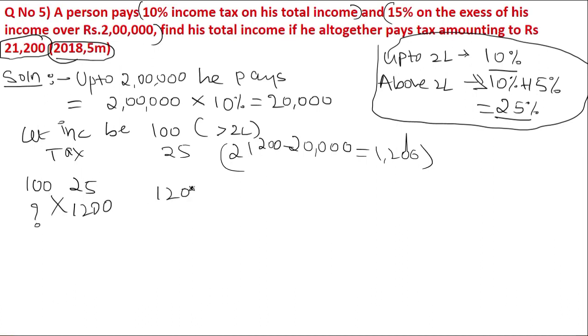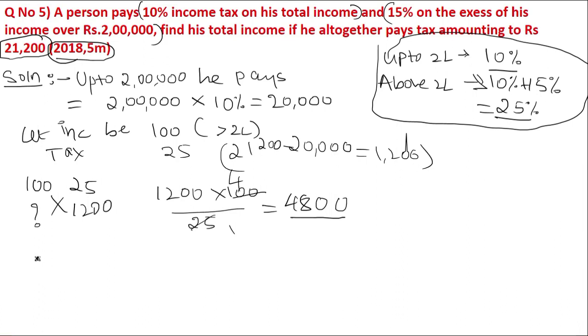So 1,200 into 100 divided by 25. 4s are 12, 4s are 48. Correct. 2 zeros for 2 zeros. So 4,800 is the income above 2 lakh.